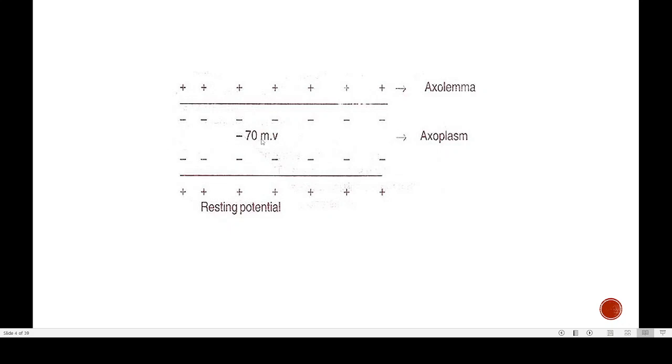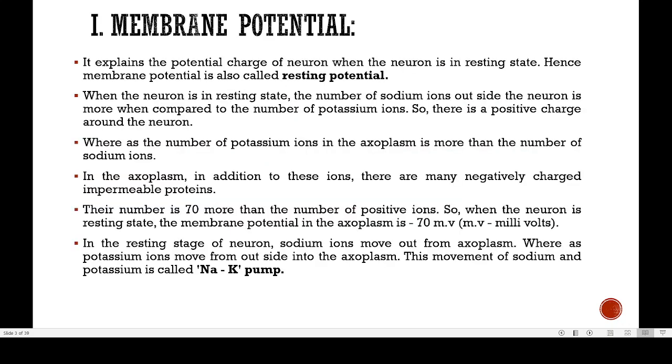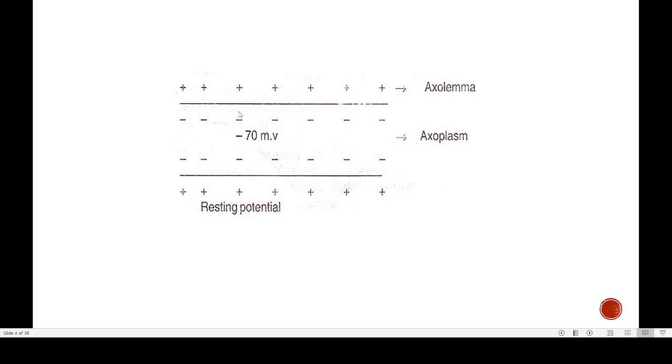But here there is an excess of negative charge, and that excess is coming because of the presence of many negatively charged proteins in the cytoplasm. So if there are 10 positive charges and 10 negative charges, they will cancel each other.